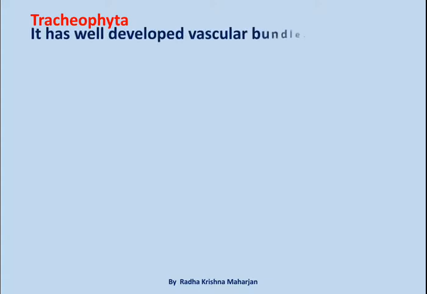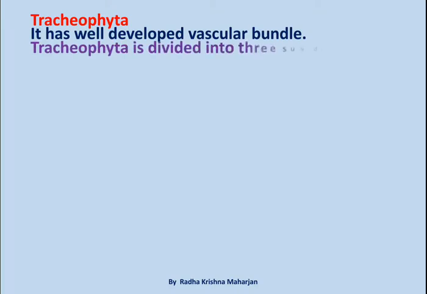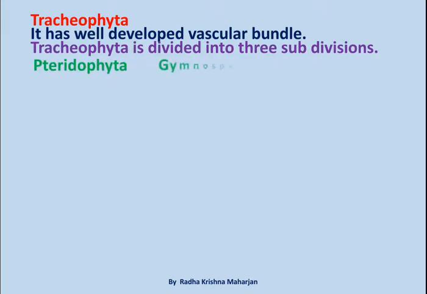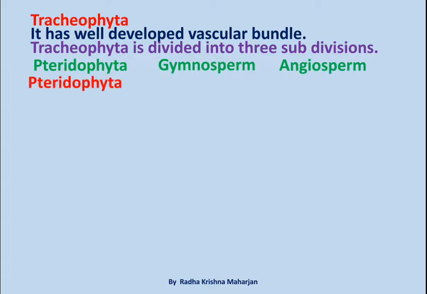Tracheophyta. It has well-developed vascular bundle. Tracheophyta is divided into three subdivisions: Pteridophyta, Gymnosperm, Angiosperm. Pteridophyta.